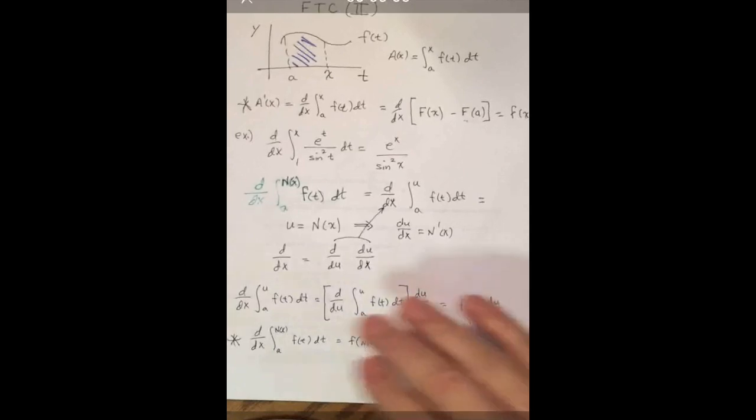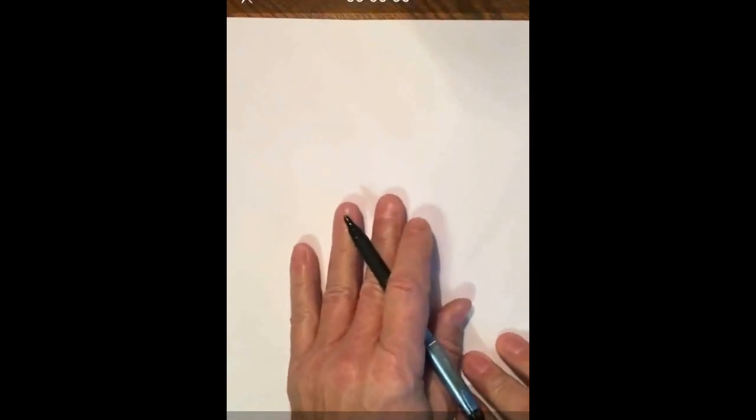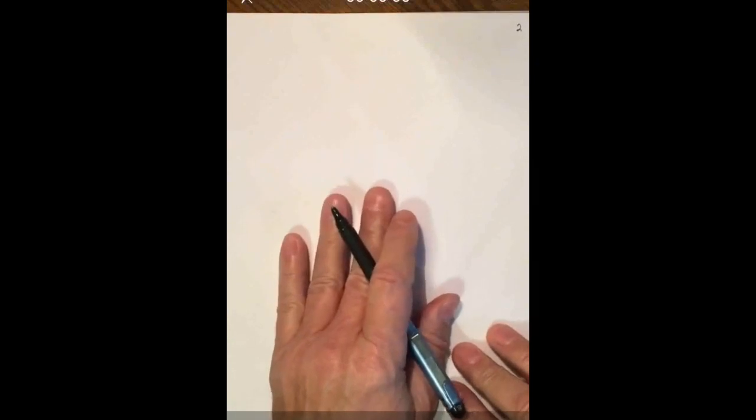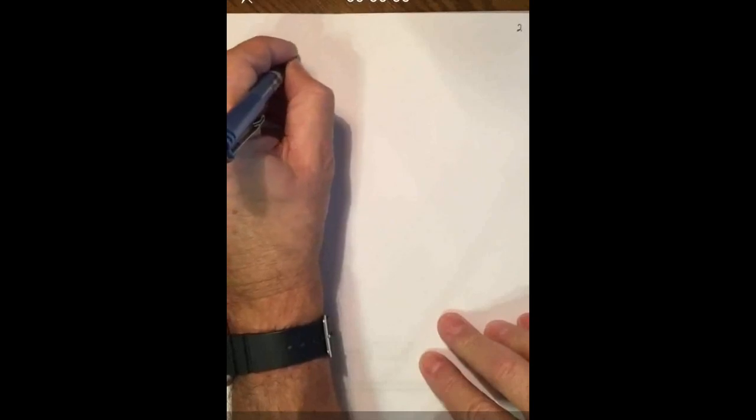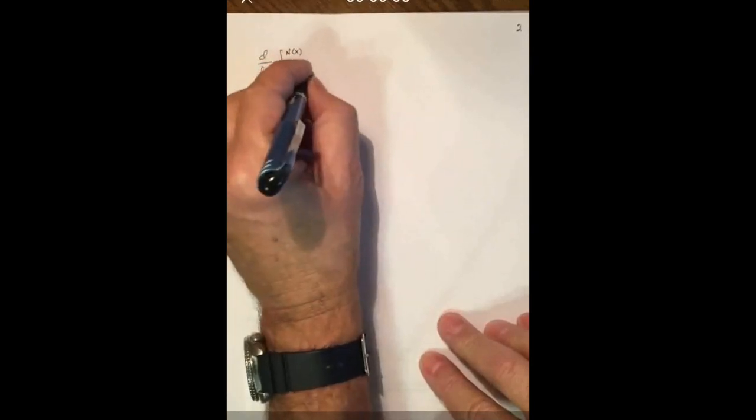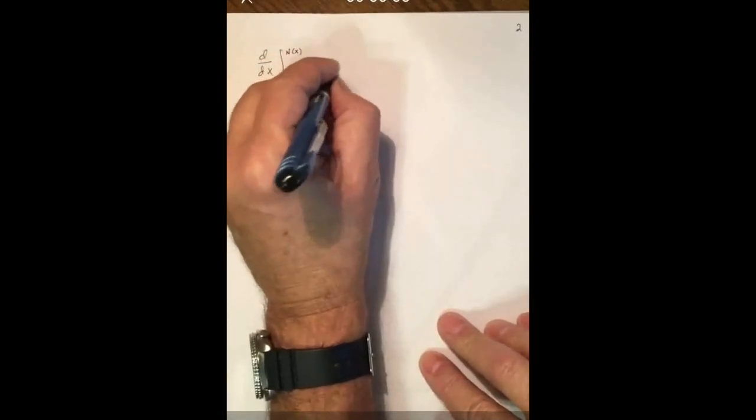So let's look at page 2 now. We've got our generalized fundamental theorem of calculus part 2. So our formula at the moment is the derivative with respect to x of the integral from a to the upper limit, some function n of x, of f of t dt.